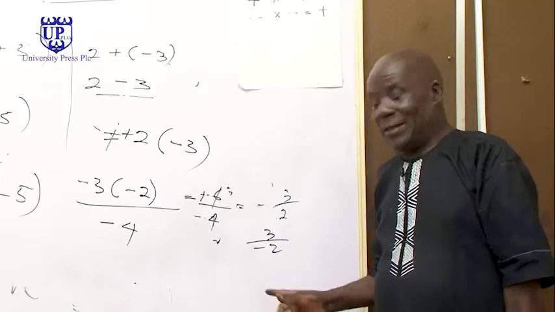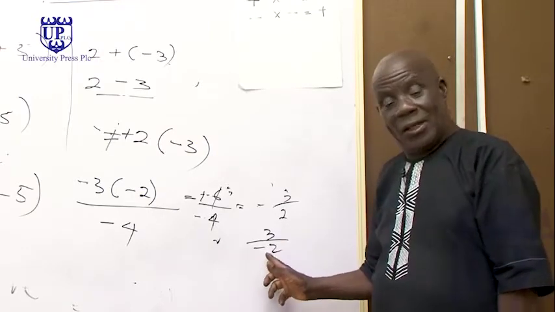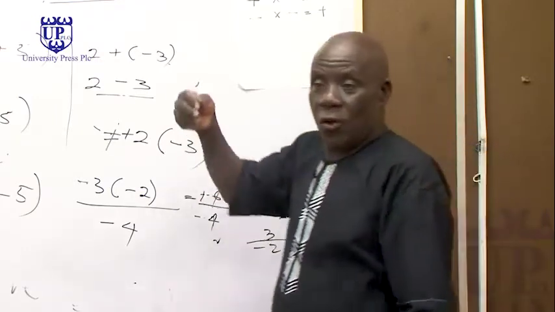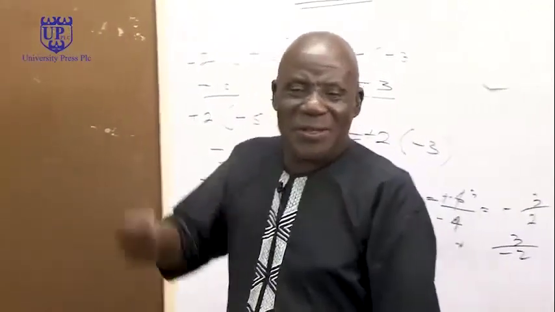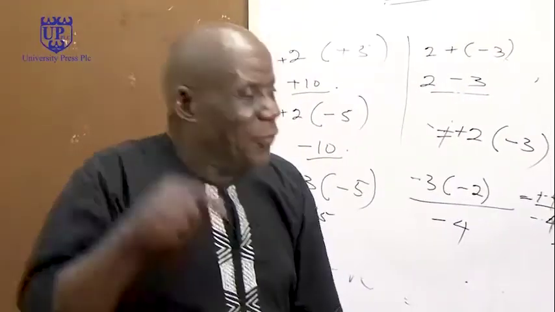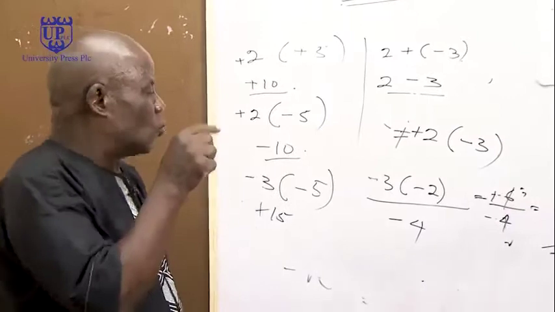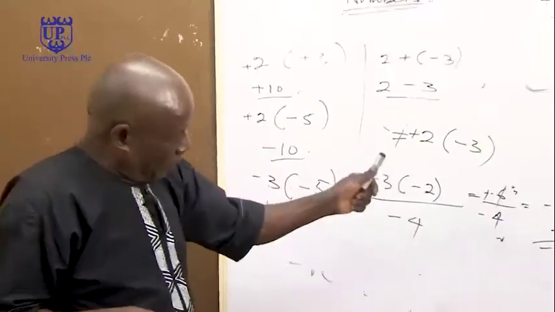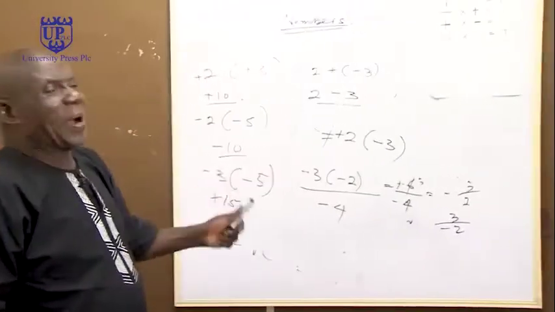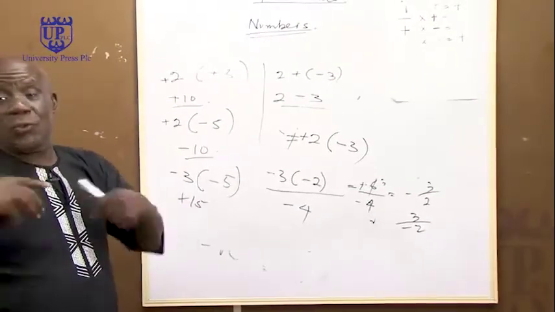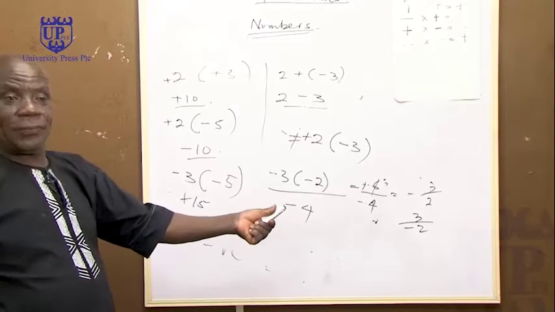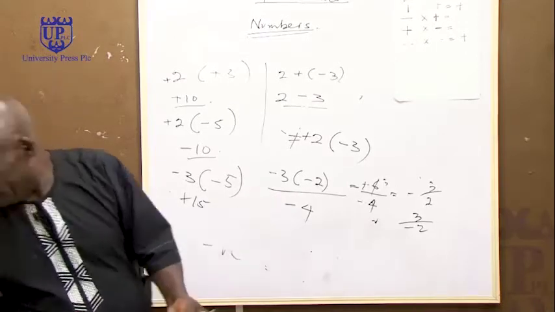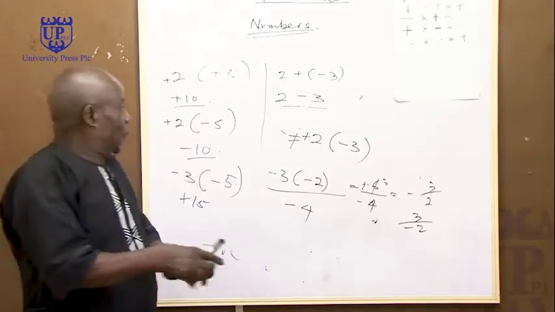If you leave your denominator with the negative number, it is not good. You can say minus 3 over 2, but not 3 over minus 2. Some textbooks leave it like that, but it's not good. It's all mathematical. Now let's continue.